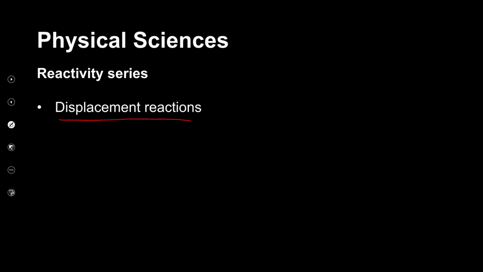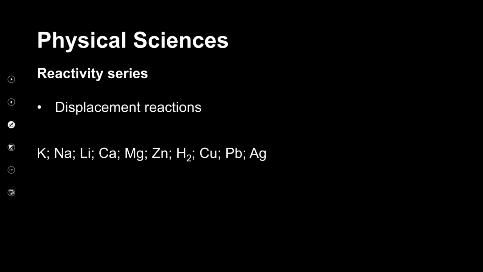As I said, these are displacement reactions, and by doing a whole lot of displacement reactions, we can get a series from the more reactive, these ones are more reactive, and these are less reactive. And you can do this in a number of ways.